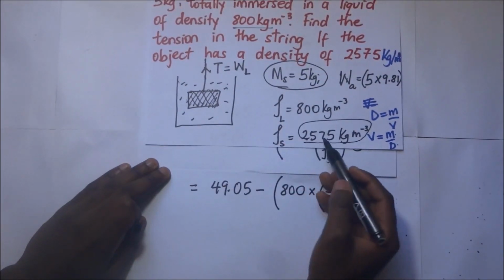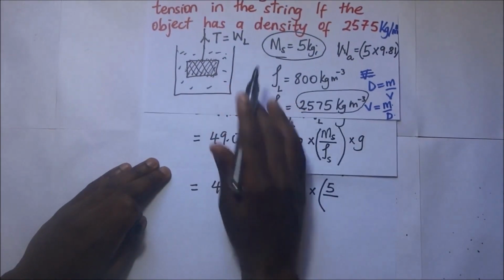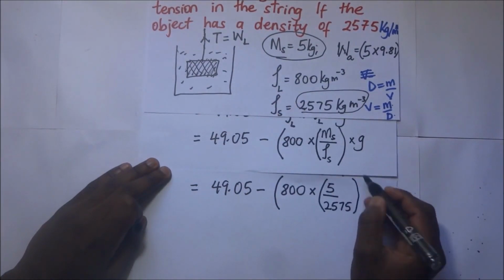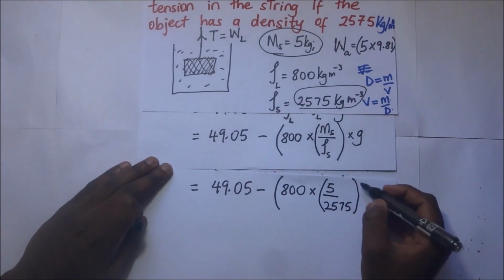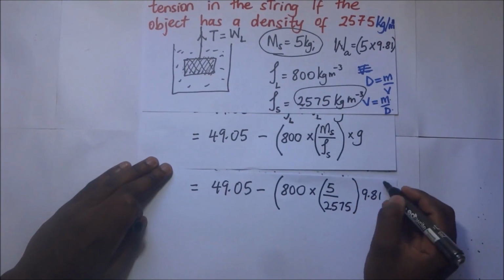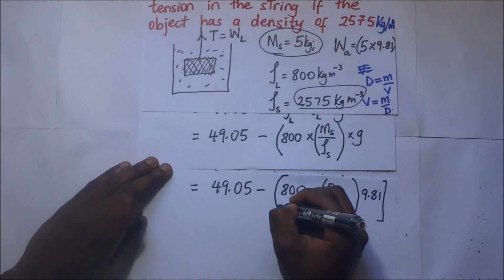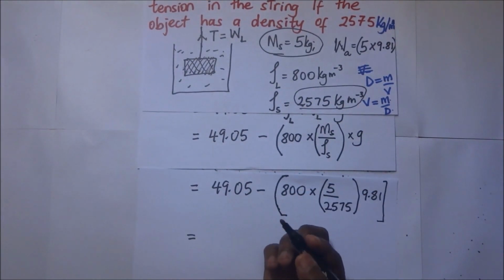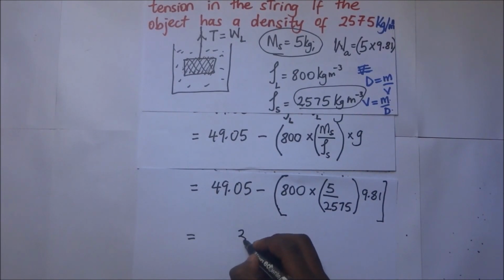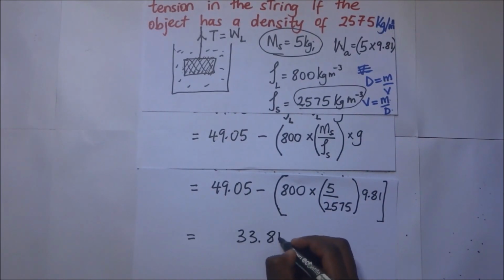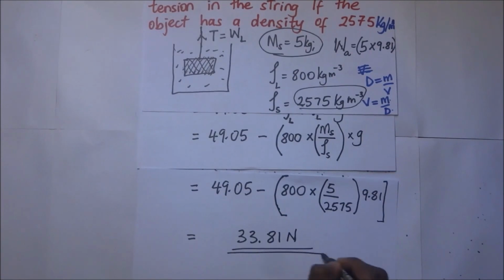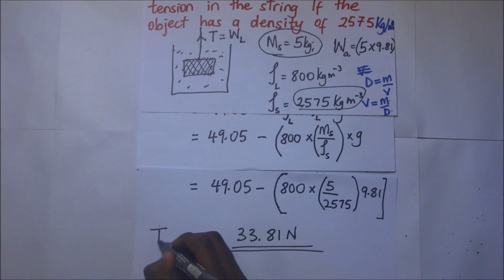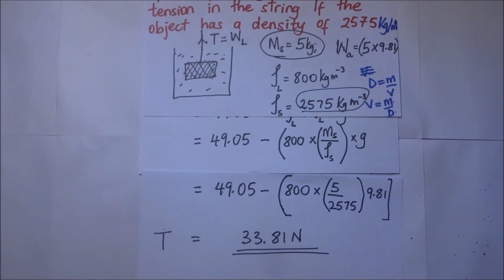The density is 2575, so this is going to become 2575, multiplied by 9.81, like that. So computing this whole thing is going to give us 33.81 newtons. So 33.81 newtons becomes the tension. This becomes the tension in the string.